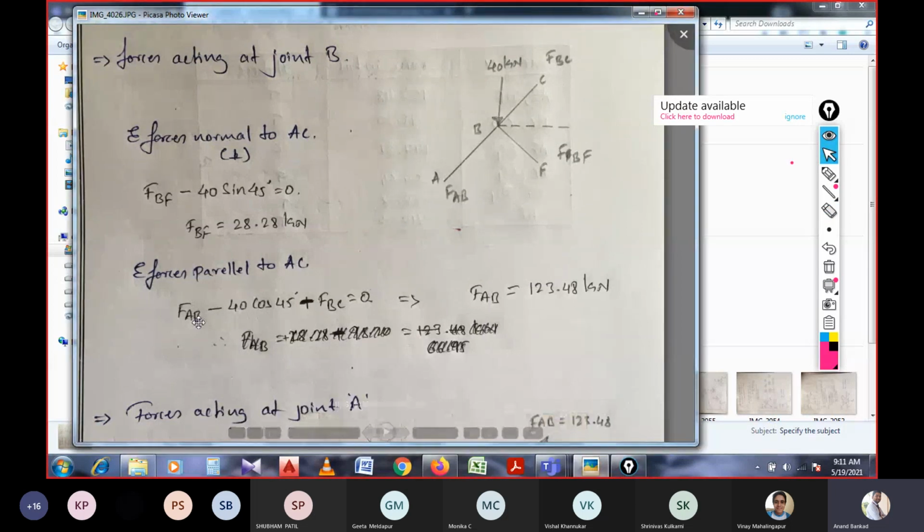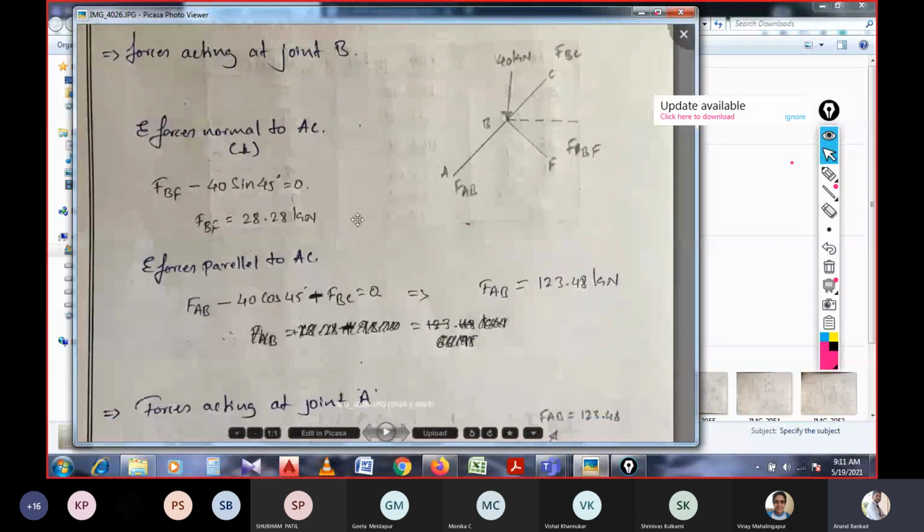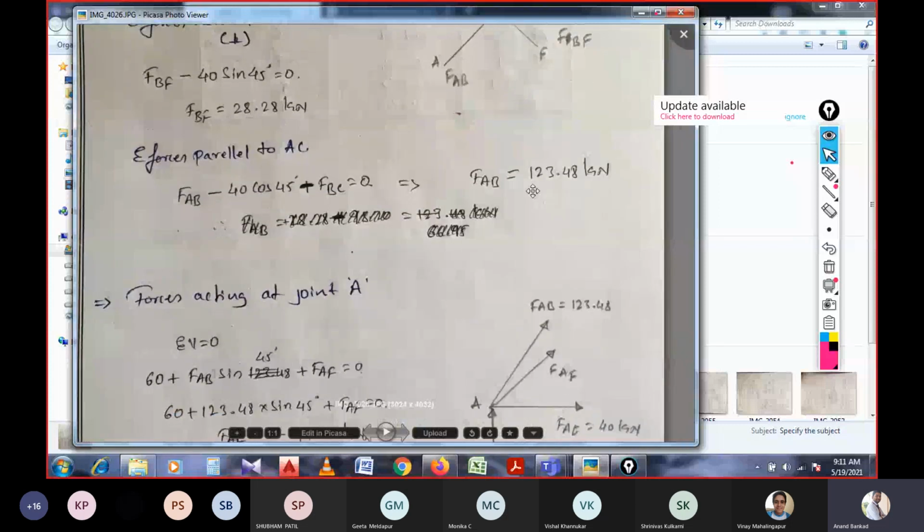And if you solve for this FAB, we know that FBC we have calculated in the previous step itself, 95.20. By substituting that in the equation, we are getting the FAB as 123.48.